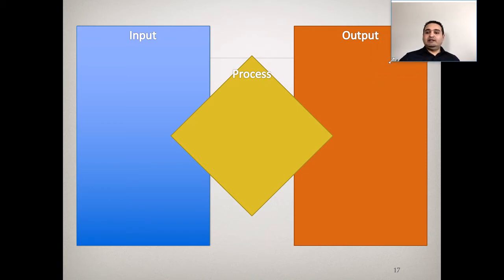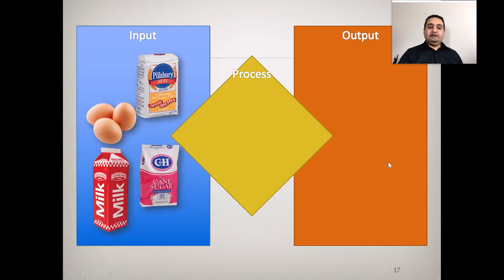Let's imagine we want to create a pancake. What are the input ingredients for that pancake? We need to specify and list them. You might guess that the input includes the flour, the eggs, the milk, and sugar.